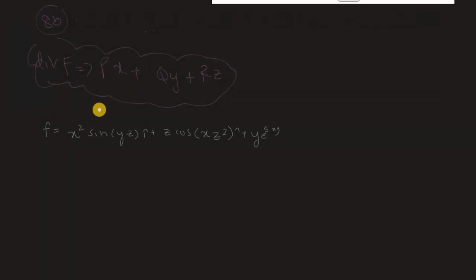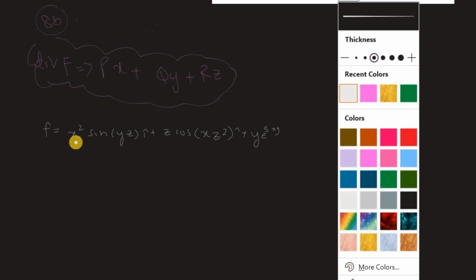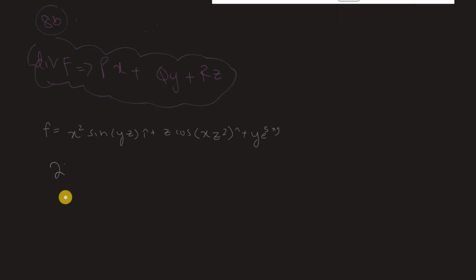Okay, so in order to find the divergence, we need to find P of x. That means partial derivative of P with respect to x, partial derivative of Q with respect to y, and partial derivative of R with respect to z. And this is the function that we are given in the problem. The I hat is P, J hat corresponds to Q, and K hat corresponds to R. So P, Q, R. Now we're going to take the partial derivative of P with respect to x.